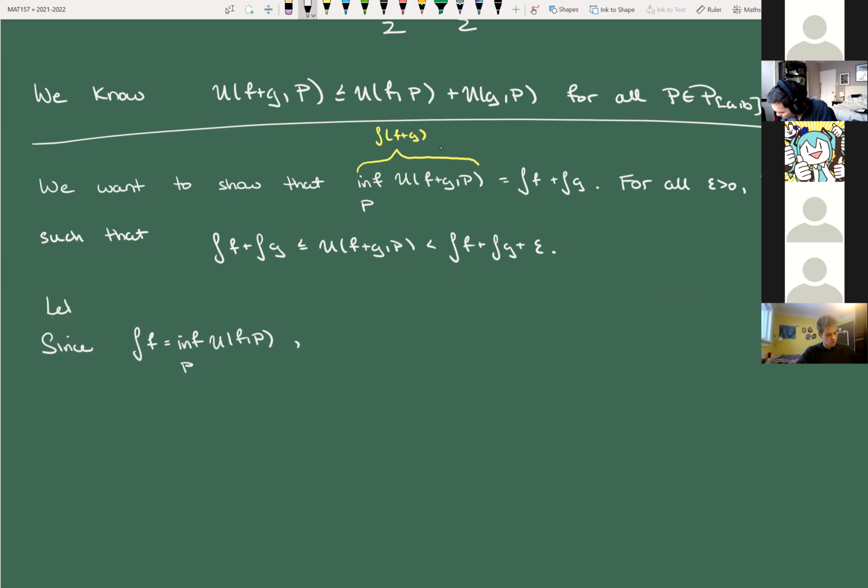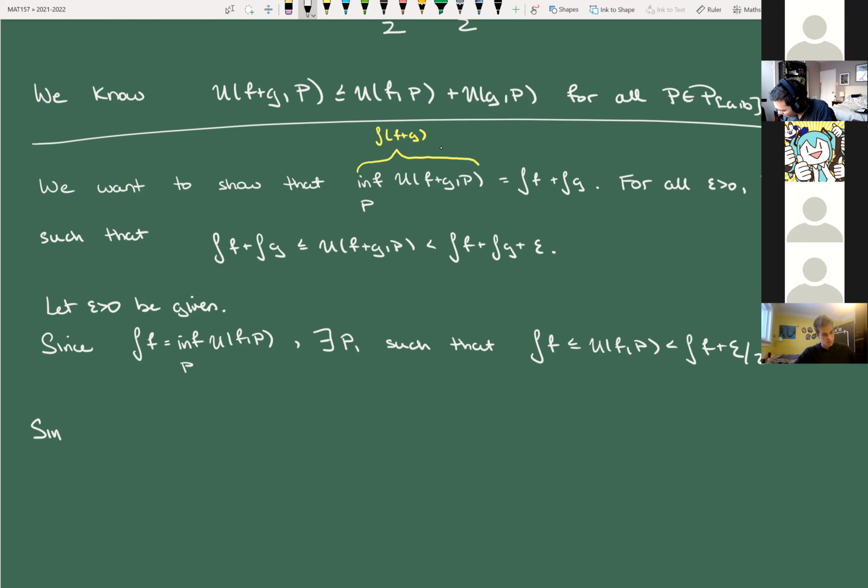Let epsilon greater than 0 be given. Okay, so since the integral of f is the infimum of the upper sums of f, there exists a partition, let's call it P1, such that the integral of f is less than or equal to U(f,P1), which is less than the integral of f plus epsilon over 2.